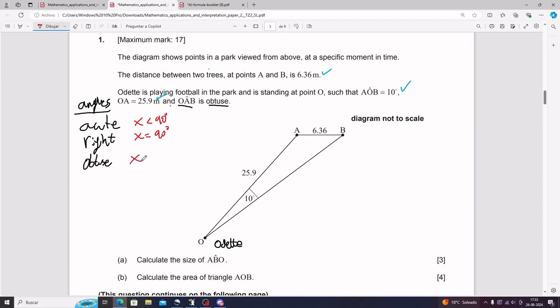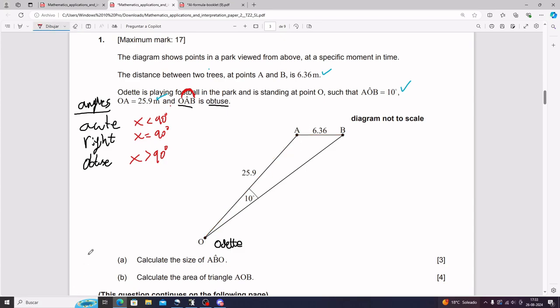And obtuse angles are angles that are greater than 90. And so from here, it's pretty clear that it's going to be an angle that is bigger than 90, but nonetheless, it might be relevant later on. So OAB, which is basically telling you the angle formed between O and B. So between O and B, clearly you have angle OAB at A, basically. You know that that angle is obtuse.